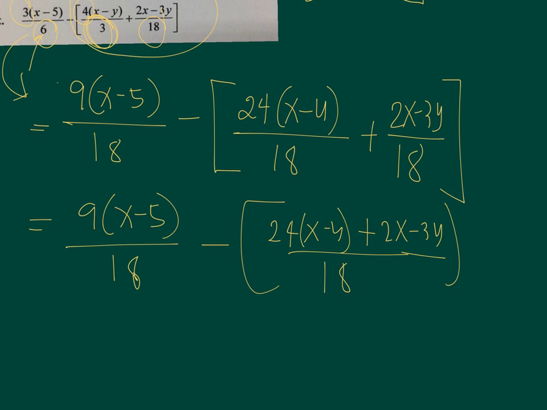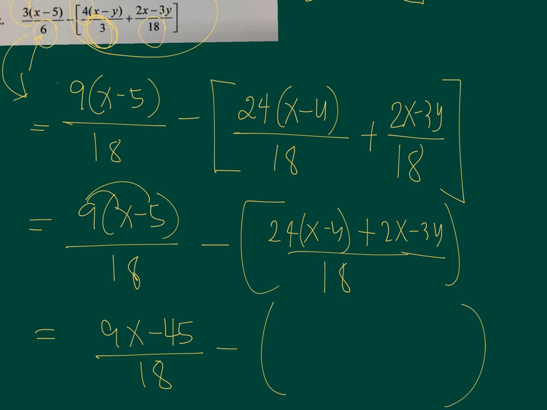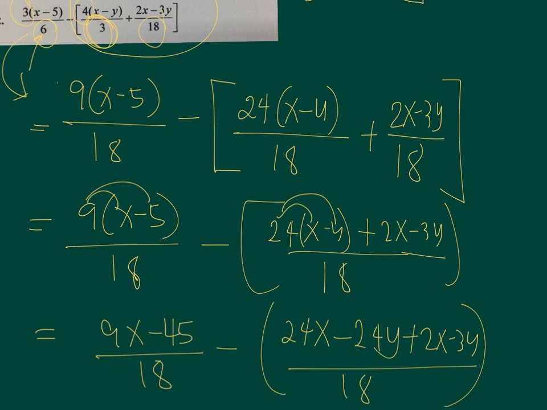Then again, continue simplifying. You may want to distribute this already. 9x minus 45 over 18 minus, within the group we have 24x, so distribute, minus 24y, by this distributive law, plus 2x minus 3y all over 18.